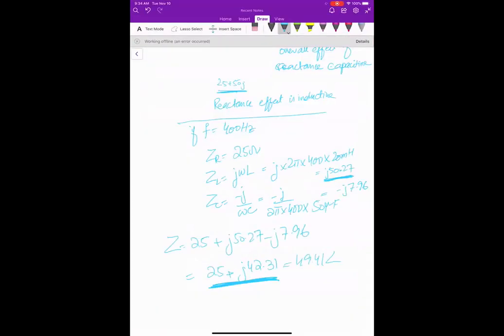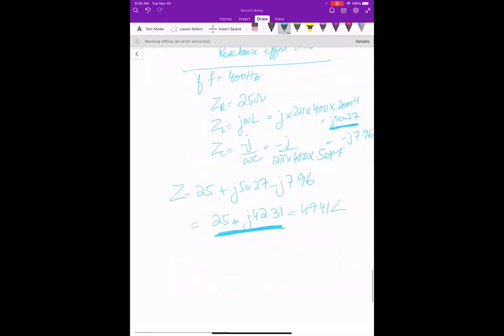Okay. So what do you think? How did I determine the magnitude here? As you know, this is A plus JB form. So the magnitude in this case is the square root of 25 squared plus 42.31 squared. And the angle theta is tan inverse of 42.31 by 25.